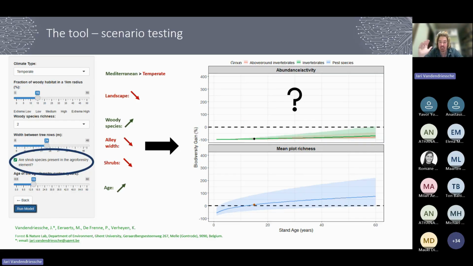For example, the species richness model still shows a small decrease, but responds quite logically. But the abundance and activity models almost drop to minus 100%, which is ecologically not interpretable and just remains a question mark. It is something we still have to figure out.